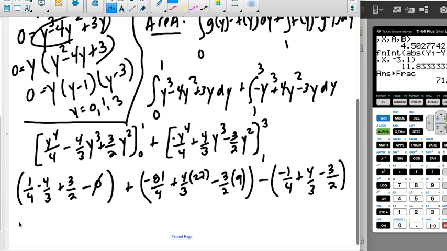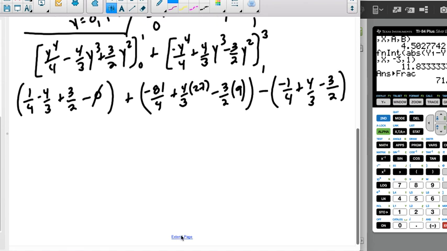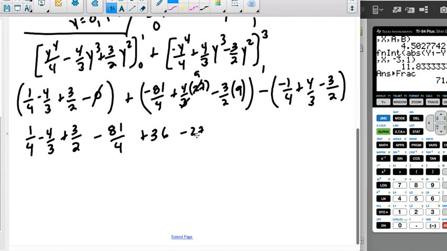So when I distribute some stuff, I can probably cancel some things, or at least combine some things that already have the same denominator. So I have negative 1/4 minus 4/3 plus 3/2, right? Minus 81/4, which we'll deal with in a sec. This I can cancel and make it 9, so that's a plus 36, so that's kind of nice. This is going to be a minus 27/2, right? And then here I'm going to get a plus 1/4 minus 4/3 and a plus 3/2.